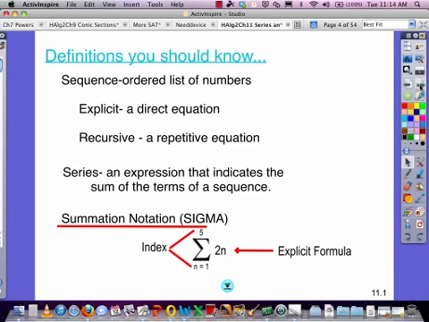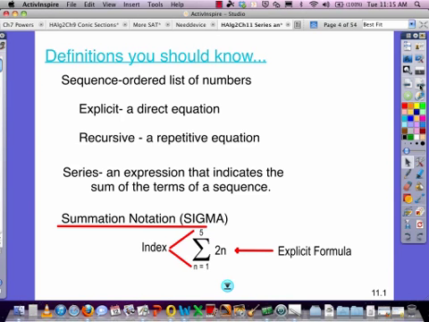Like we'll give you the first term, you do something to that first term to get the second. You do that same thing with the second to get the third. So those were our recursive equations. And then now we're going to add a new definition, or two new actually, a series. An expression that indicates the sum of the terms of the sequence. So a series is take those terms that we had listed, and now if we would add them all together, that's what a series is.